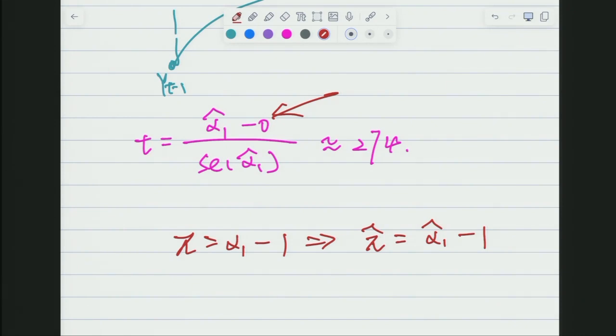So to illustrate the first point, consider we have a trend stationary AR1, which basically means alpha 1 is less than 1 in absolute value, and that implies pi is negative. Now, what happens if we incorrectly excluded the time trend in the model?